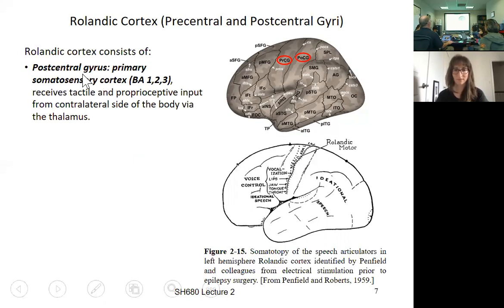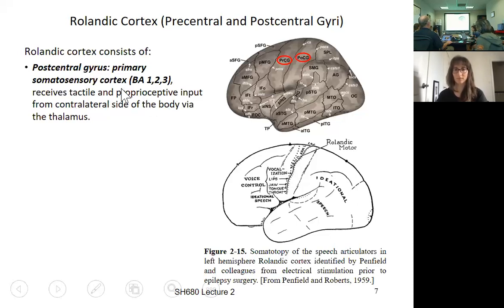All right. So the postcentral gyrus is usually called primary somatosensory cortex, and it has three Brodmann's areas, 1, 2, and 3. They differ in the combination of types of afferents, afferents being the inputs from the periphery. They receive tactile and proprioceptive input from the opposite side of the body, the contralateral side.